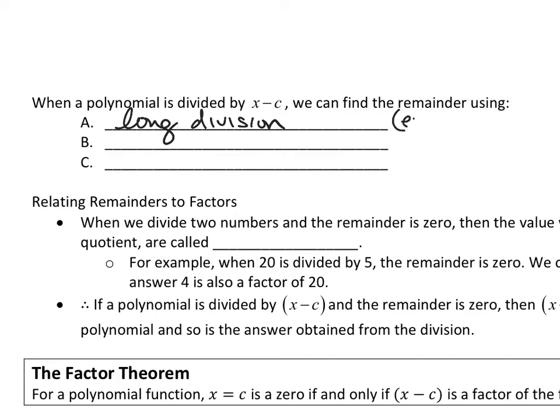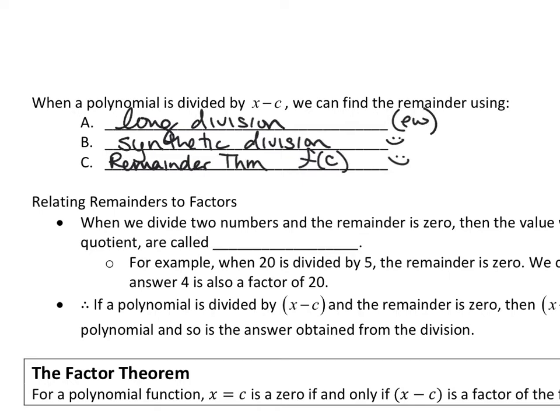But, ew, I highly doubt you're going to do that. The second choice would be synthetic division. I don't hate that one. I'm going to put a smiley face next to that one. Or with the remainder theorem, which is very easy. That's f of c. I'm going to put a smiley face next to that one.